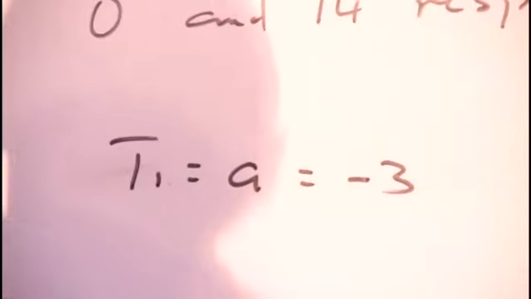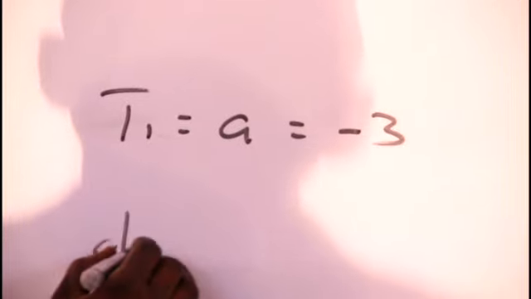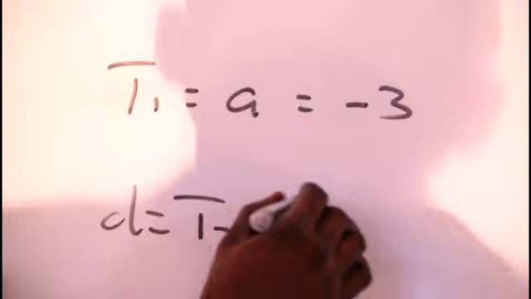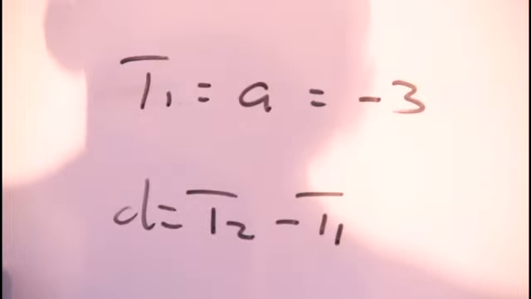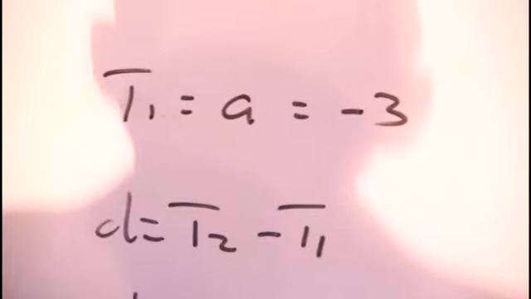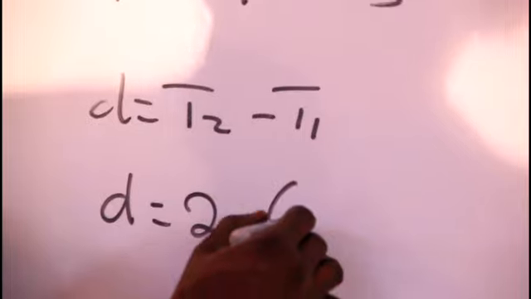If you want to find our D, D will be equal to T2 minus T1. So if we have that, our D will be equal to 2 minus 3, like this. So our D will be equal to 2 plus 3. D will be equal to 5. So we've gotten our D.